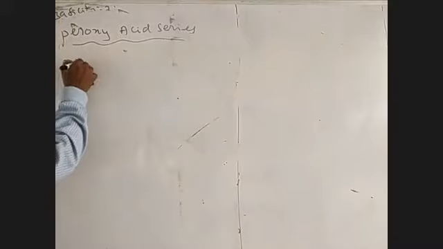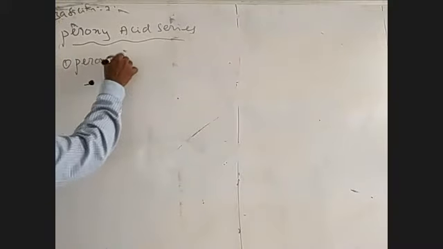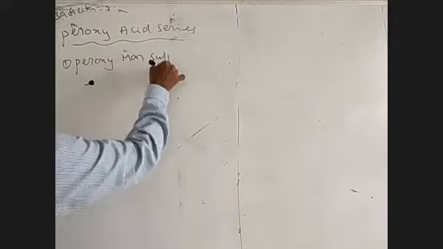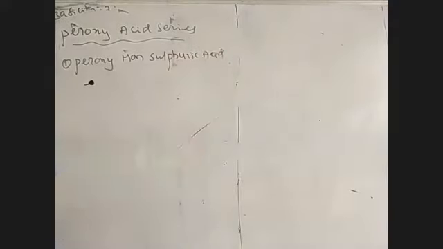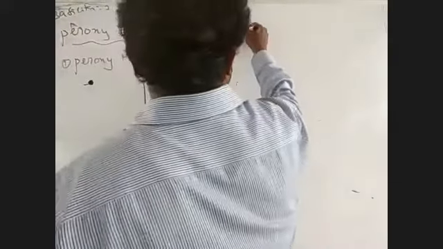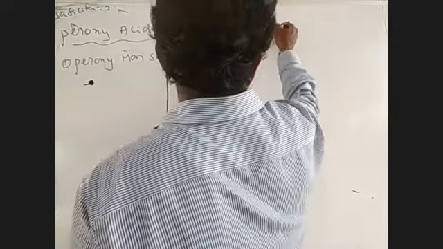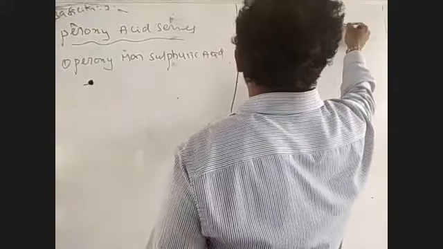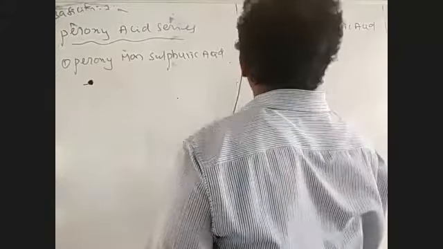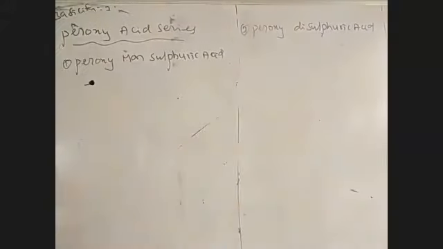In the peroxy acid series, two types of peroxy acids exist. One is called peroxymonosulfuric acid, and the second is called peroxydisulfuric acid.